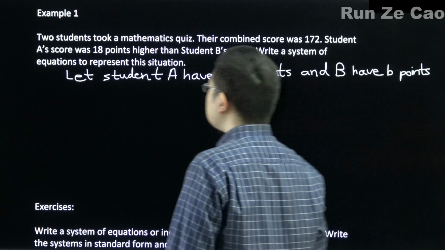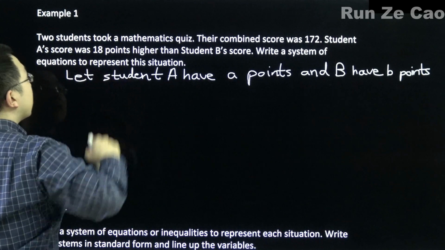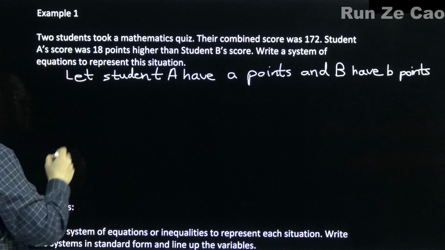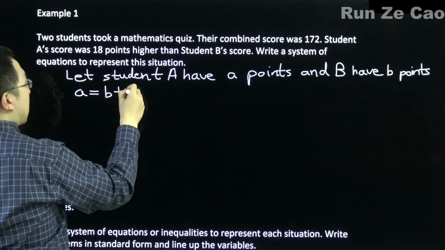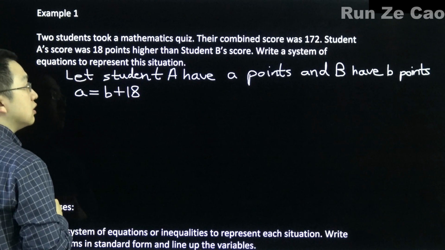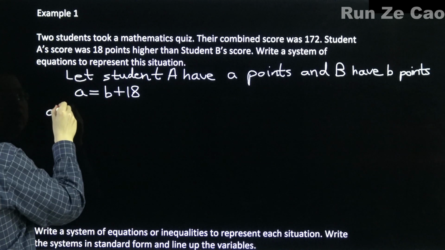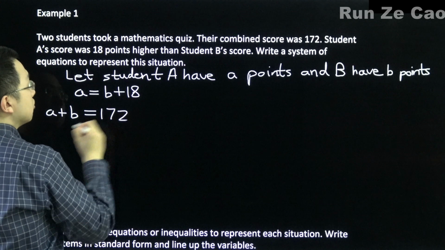The system of equations here would be: student A's score was 18 points higher, which means A is equal to B plus 18. And their combined score was 172, which tells us that A plus B is equal to 172.